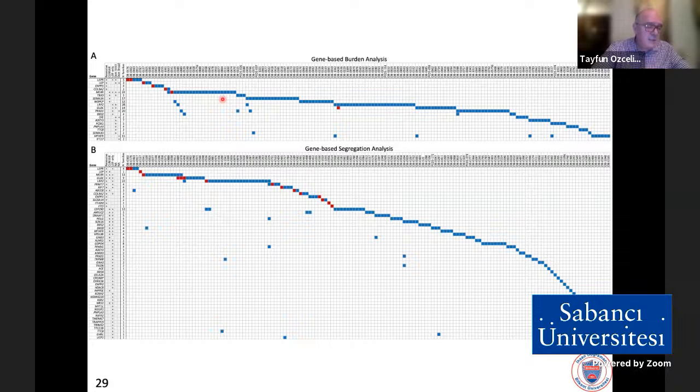The y-axis includes the candidate genes, and the x-axis includes the families. So for a particular gene, you have a number of families that are represented. When we analyzed clustering of the mutations to the families, we observed that more than one gene is implicated in 28 of the families, which happens to be around 10%.